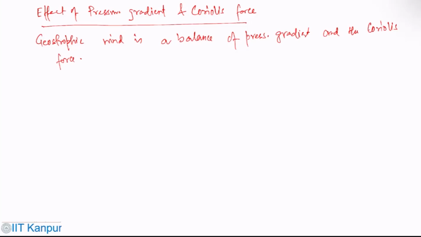Let's say we plot like that. So this is space, this is also space. This is positive pressure, and this is negative pressure.